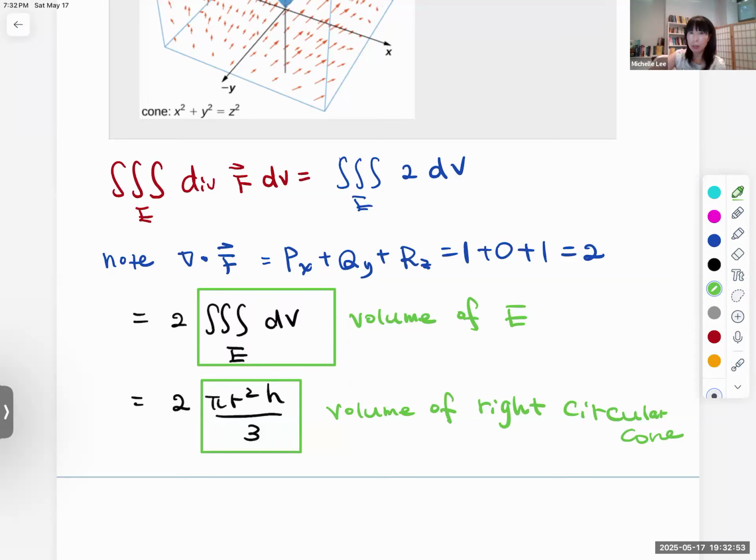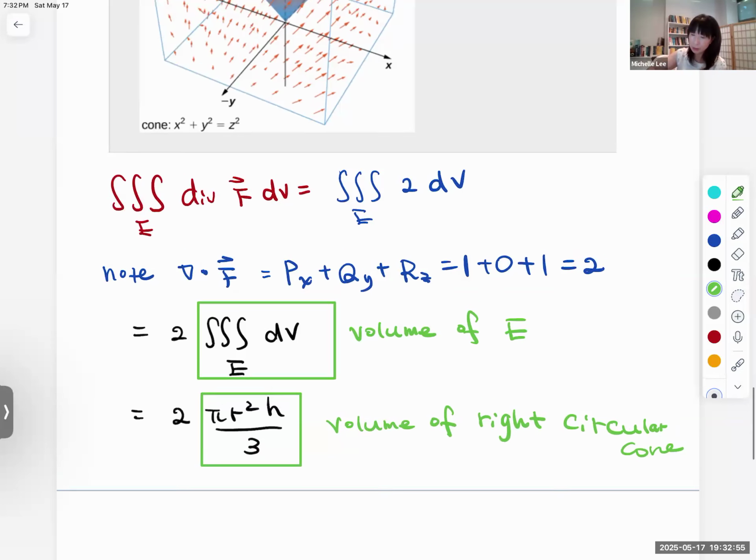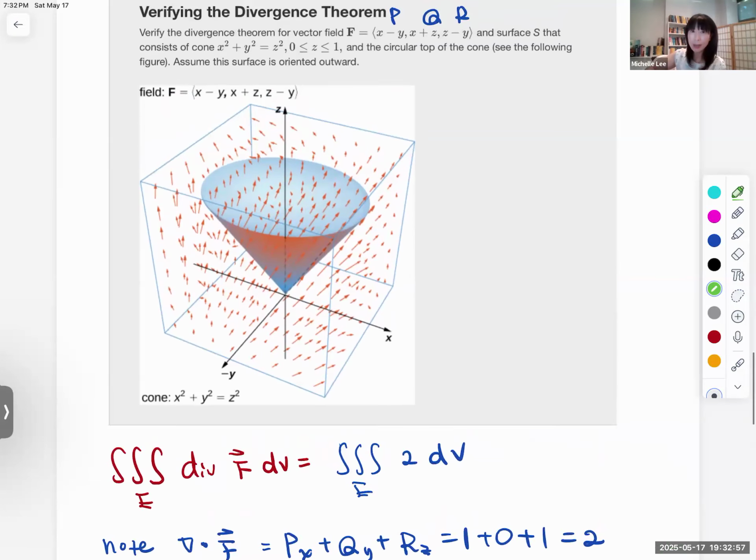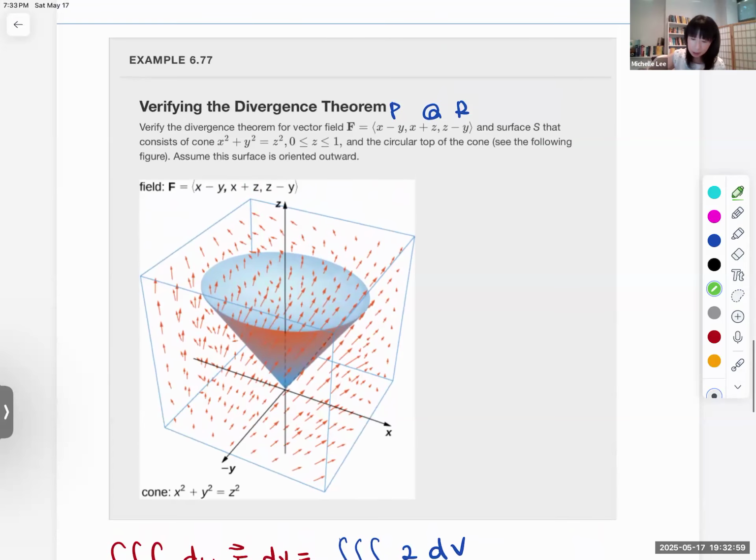Okay, then let's talk about the height h and radius r. We have the equation of the cone, which is x squared plus y squared equal to z squared, and z is between 0 and 1, right?